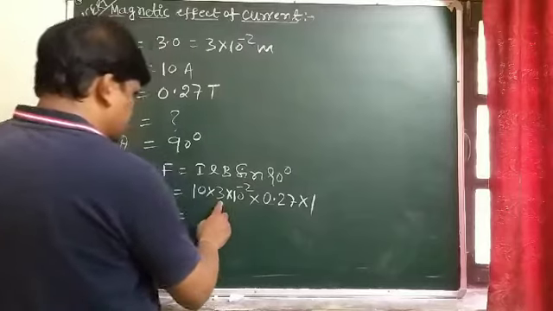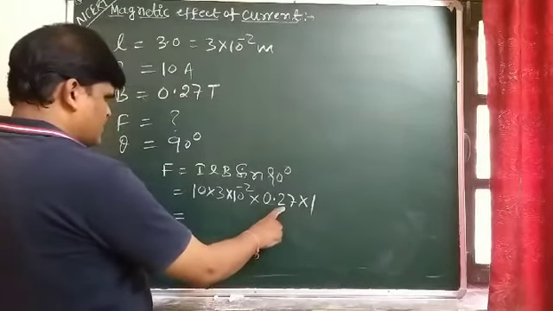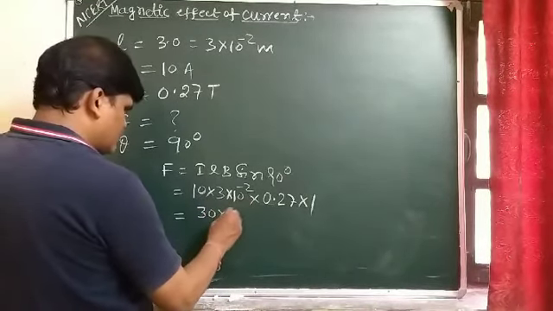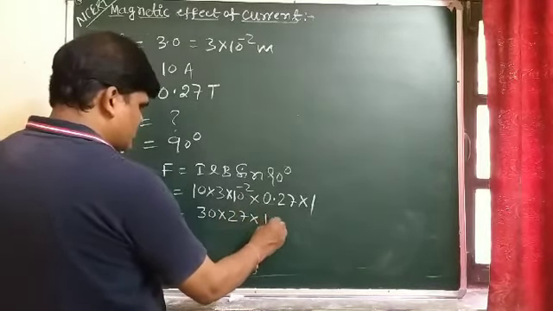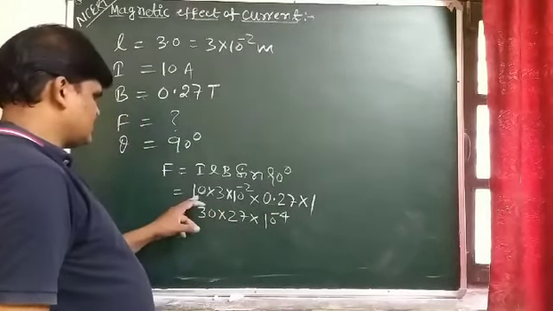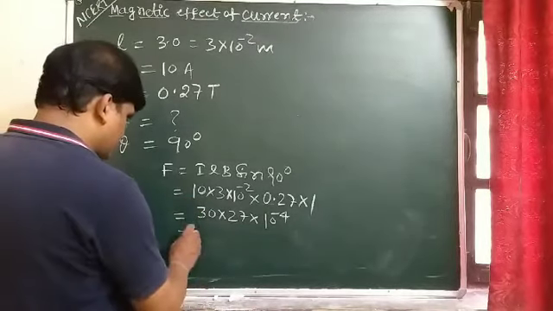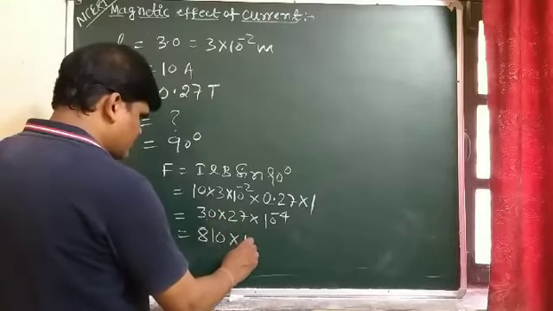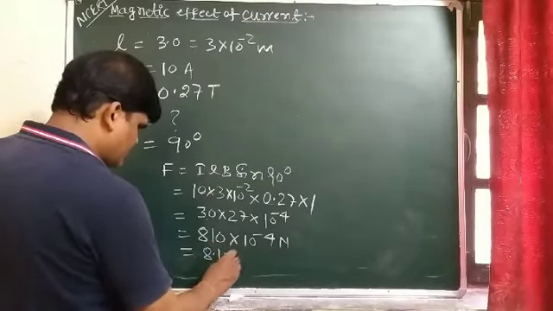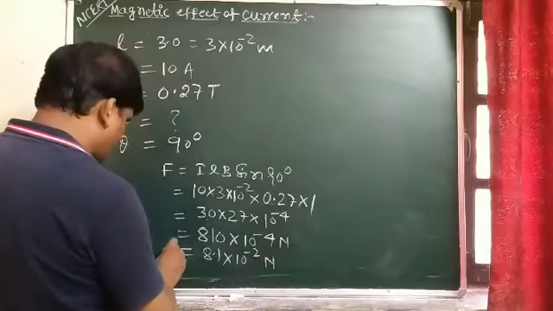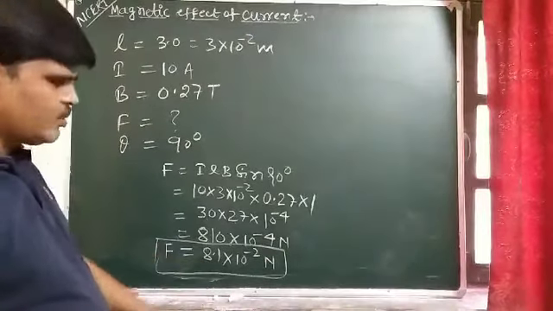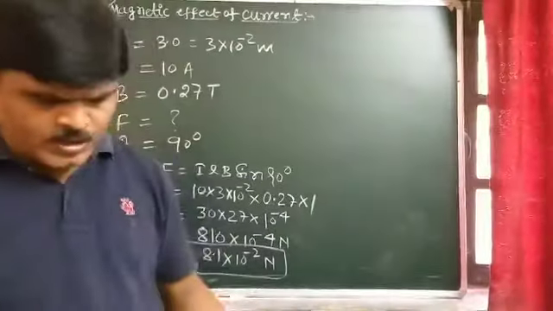And this comes out to be 30 into 27 into 10 to the power minus 4. 10 to the power minus 2 times 10 to the power minus 2, and 3 into 27 is 81. So 810 into 10 to the power minus 4 Newton, that is 8.1 into 10 to the power minus 2 Newton force experienced by the wire, F is equal to 8.1 into 10 to the power minus 2 Newton.